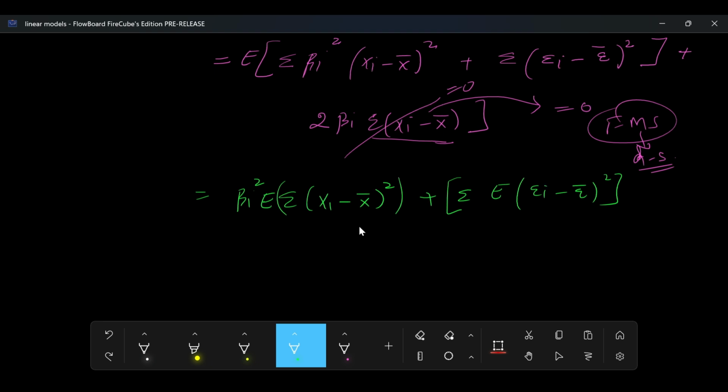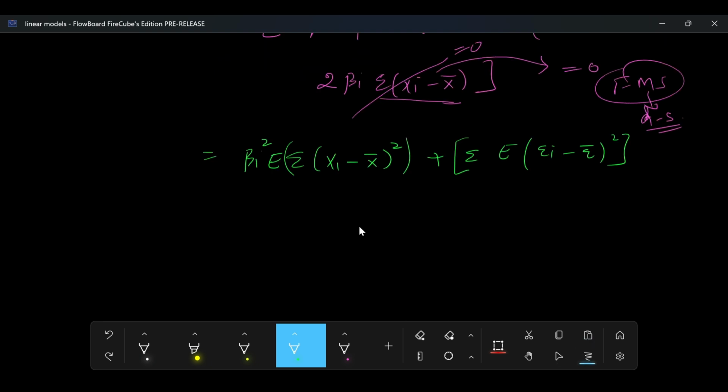So now see what happens, summation ei square. Clear? So we will be left with only this term. Why this term only?